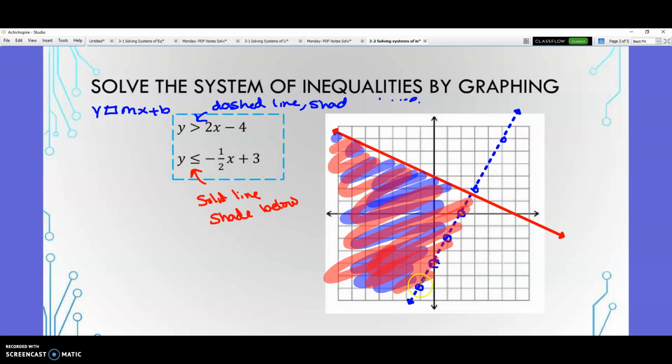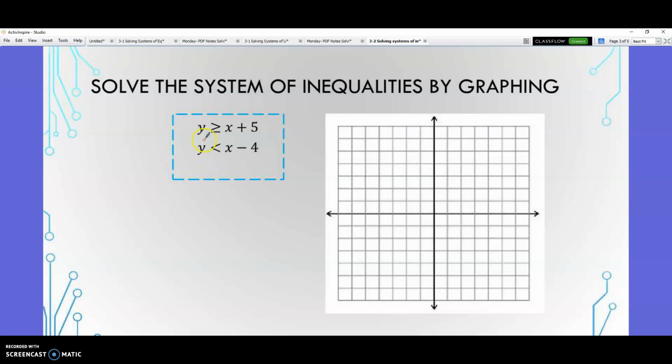All of the points on the blue line would not be solutions, but if it's on the red line, it is a solution since that is or equal to. But this whole thing is our solution area. And of course, my graph keeps going this way, and my blue line keeps going this way, so everything that continues on here would be a solution.